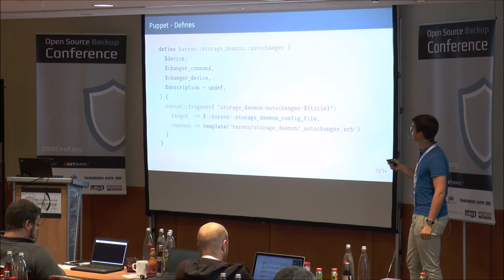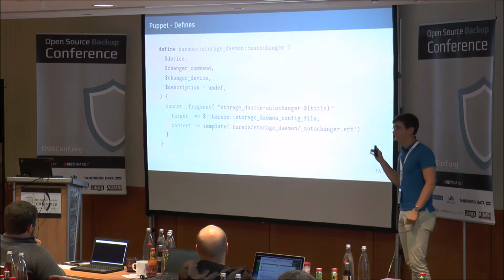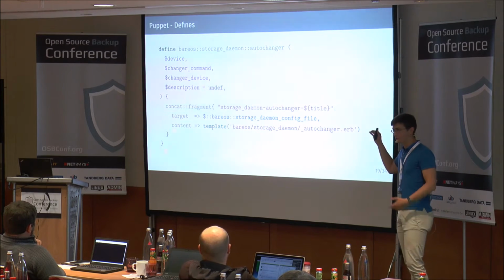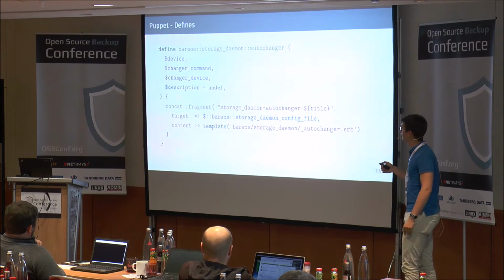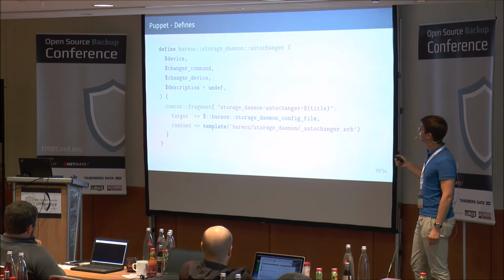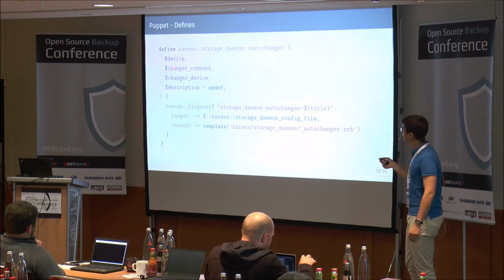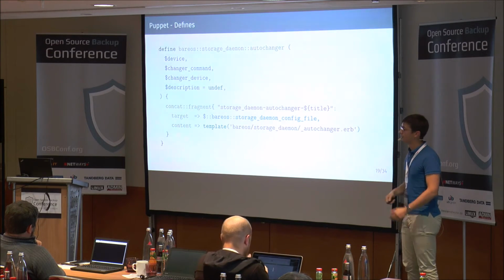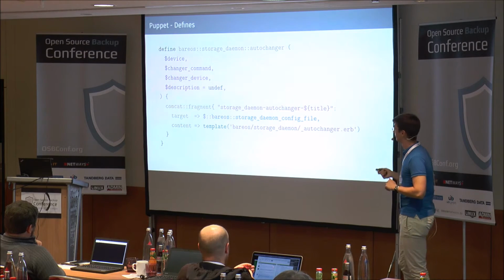This is to configure an auto changer of the storage daemon. You can configure multiple auto changers, and because of this, it is a defined type and not a class. So if you go to doc.bareos.org, you see the device, the changer command, and the changer device are mandatory parameters for this configuration.